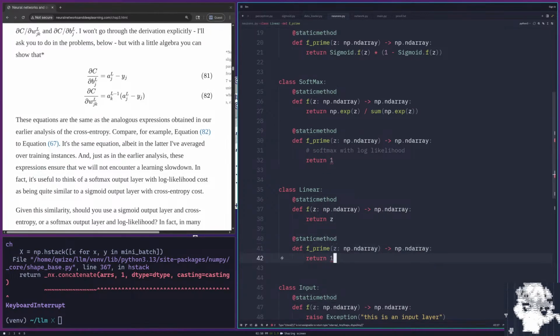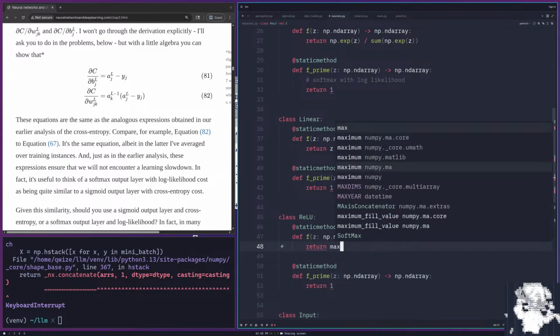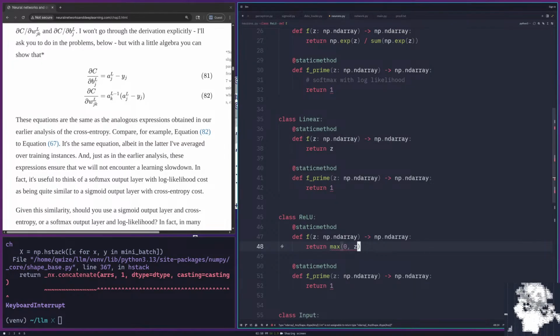Like here's what I want to try, but it's not really gonna work. Let's do a rectified linear unit. This returns max of 0 and z, which doesn't make sense when I do it like that. I have to do it in a component-wise way.